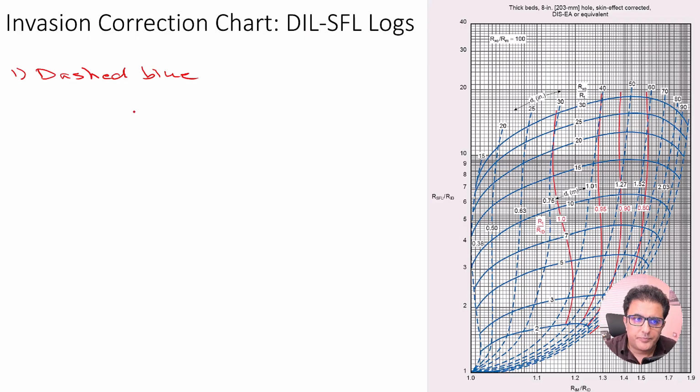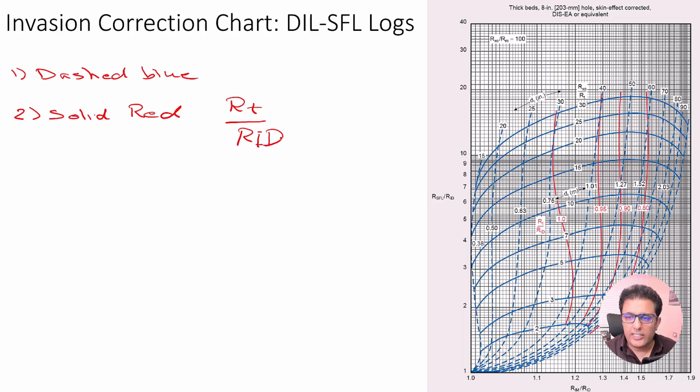And then you see solid red curves, over which you can find the ratio of RT over RID.